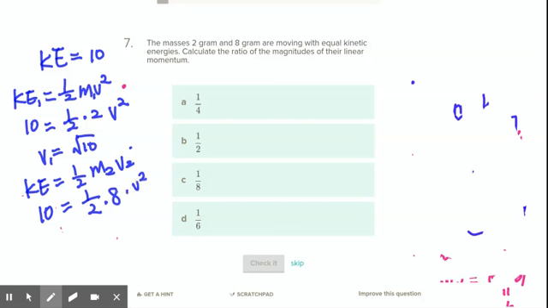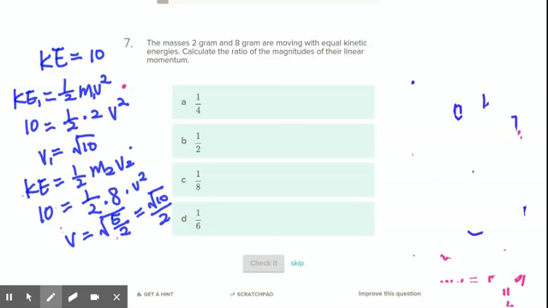All right, so v equals square root of 5/2, equal to root 10 over 2. Well, you have to rationalize it.